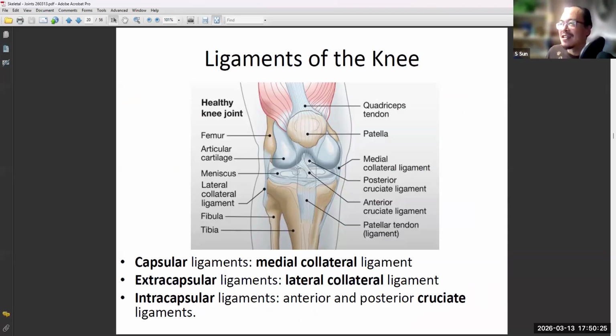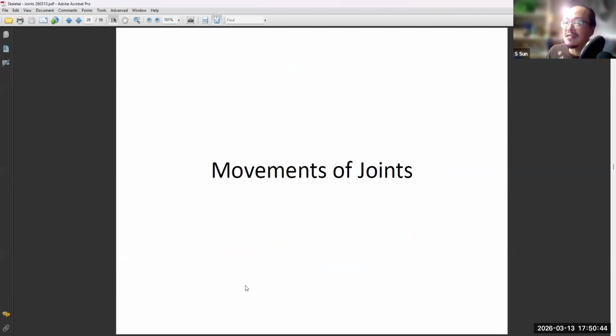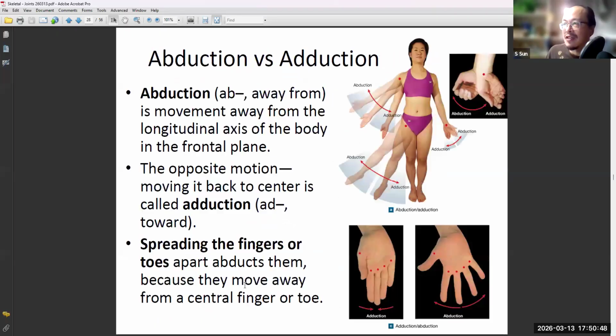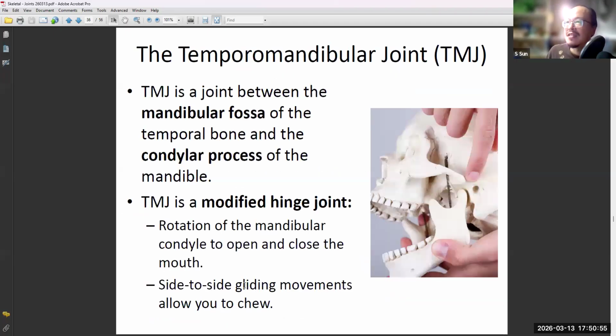And then we have the capsular ligament, which is part of the capsule, like an outer membrane. We also have the extracapsular ligament. Same thing here. In terms of the temporomandibular joint, TMJ, we also have ligaments considered as capsular, intracapsular, and extracapsular.